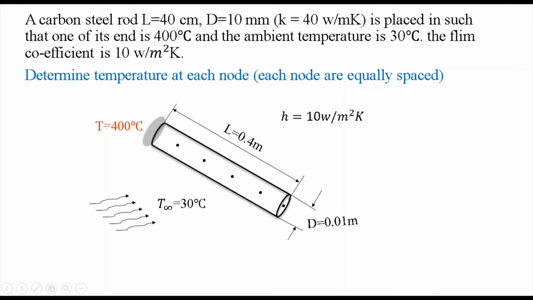So what's our requirement is determine the temperature at each node, at these 5 nodes. What is the temperature? Assume these nodes are equally spaced, so 0.4 meter, the length divided by 5 will give the distance between each node. So we'll calculate, we'll know the distance from one end to this end, from the first end up to the next point.